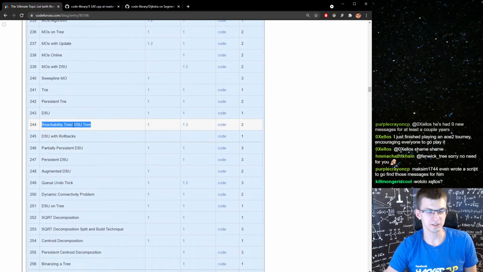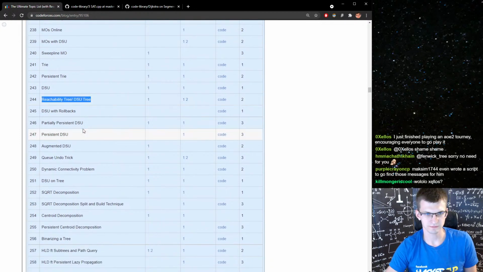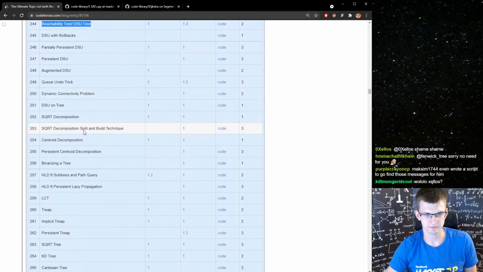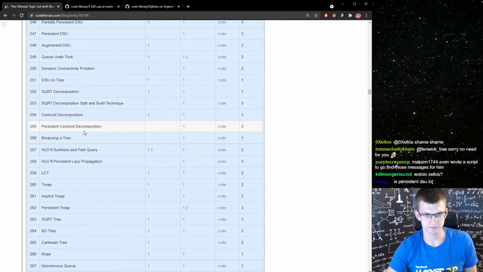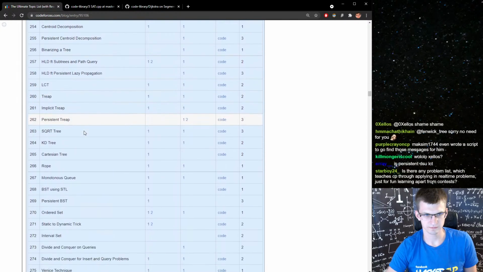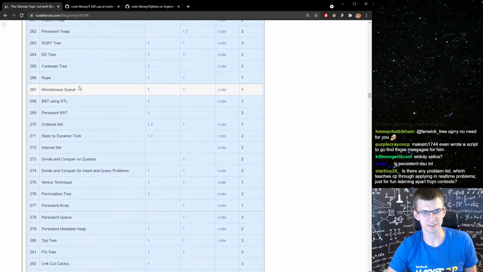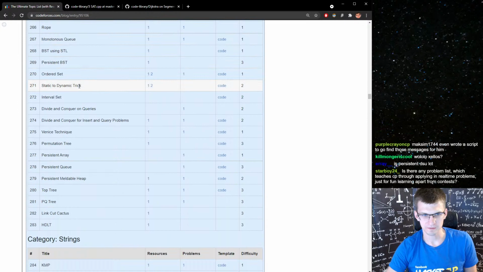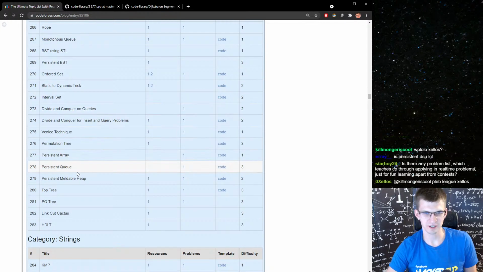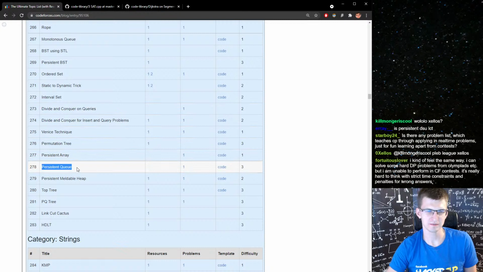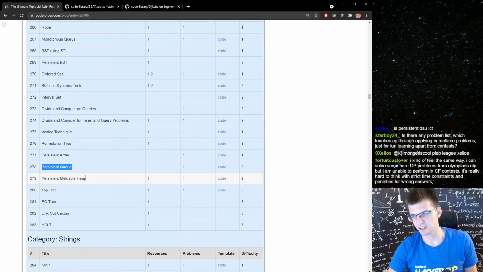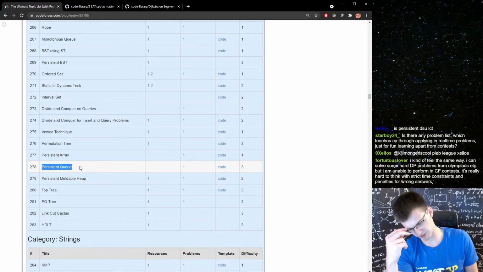I know reachability tree. I'm happy here knowing some topic that maybe I shouldn't know. Persistent queue. Do I know persistent queue? Am I able to implement persistent queue?